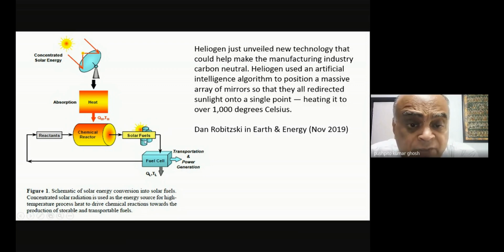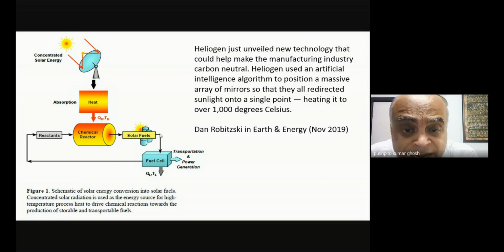If I'm generating certain fuels, later on I can use those fuels and run a fuel cell. We'll talk about a fuel cell later on. And these things might be much easier to transport. If I make chemicals, I can even transport them from one place to another. There's no problem.